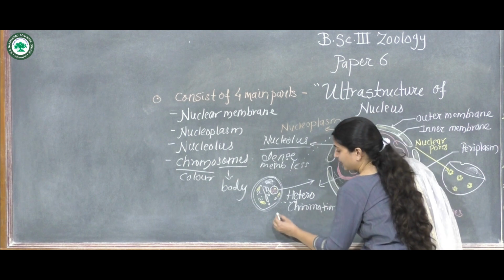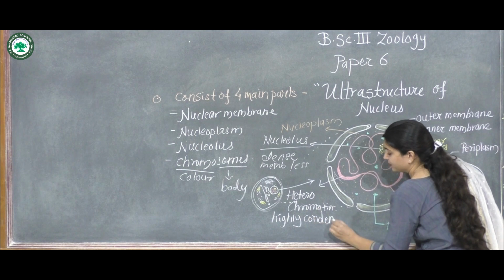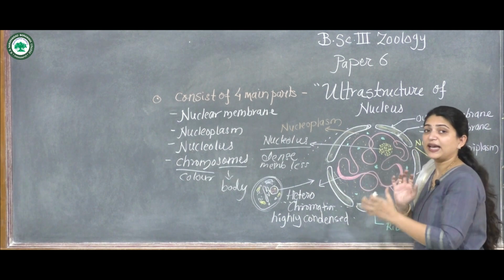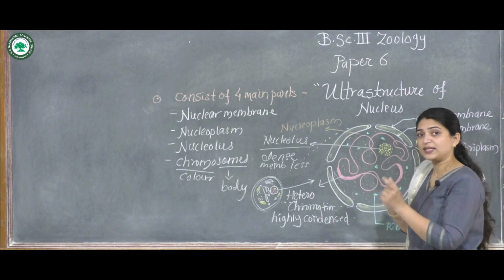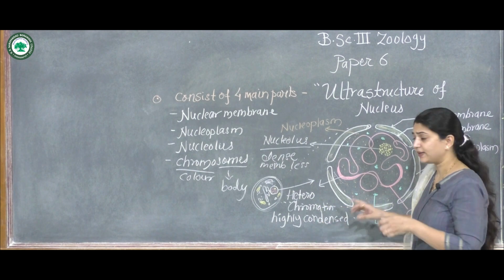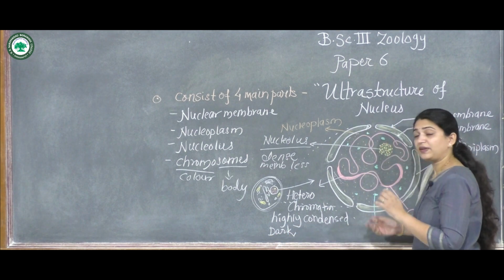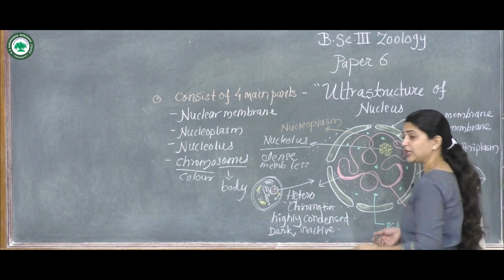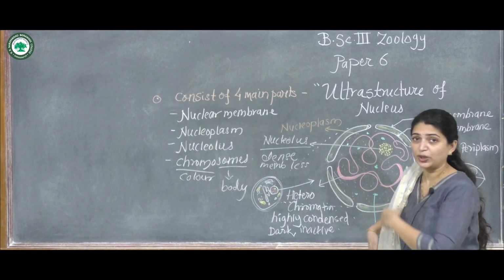Because these are highly condensed regions, so they appear as dark structures when they are stained. These dark portions are the heterochromatins, which are highly condensed, darkly stained, and transcriptionally inactive. Transcriptionally inactive means no products or proteins are formed from these heterochromatin regions.